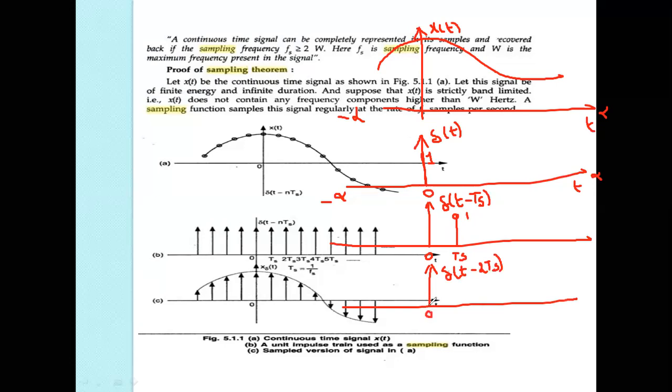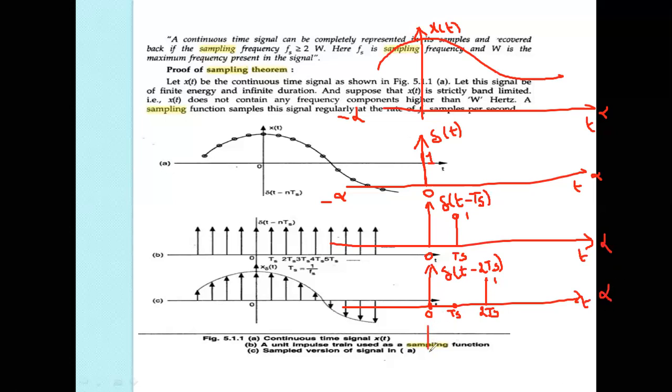The signal is shifted from 0 to ts in the first part, and again it is shifted two samples ahead. It also varies with respect to t only, up to infinity.